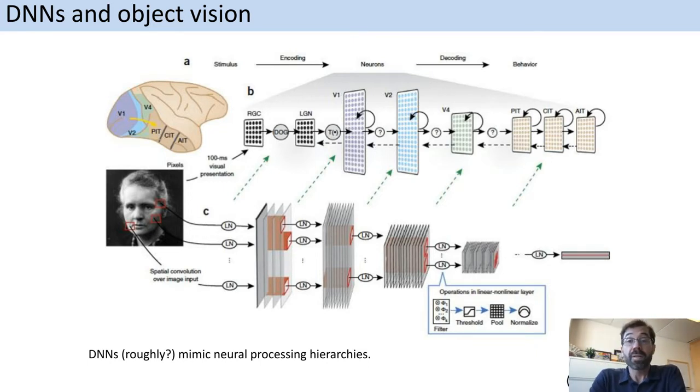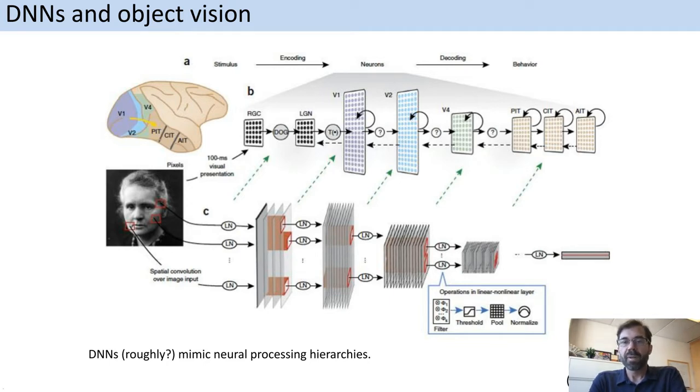As I mentioned, DNNs have been applied most successfully and extensively in the visual system. This diagram, taken from the work of Yamins and DiCarlo, illustrates why it's very appealing as a model for sensory processing, particularly in sensory systems where there is an idea that information is processed by a hierarchical sequence of sensory areas. Each dot in these squares at the top indicates a cluster of simulated neurons.